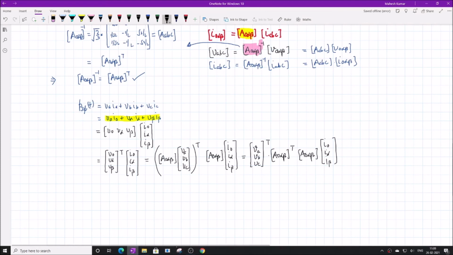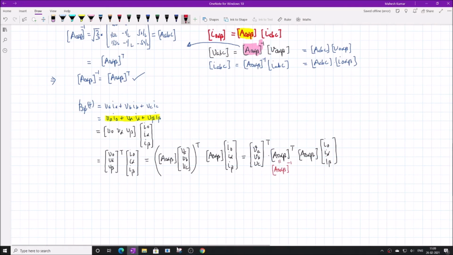Now, as we have proved that the inverse of this A0 alpha beta is equal to transpose, so basically this is nothing but A0 alpha beta inverse. This is equal to A0 alpha beta inverse.